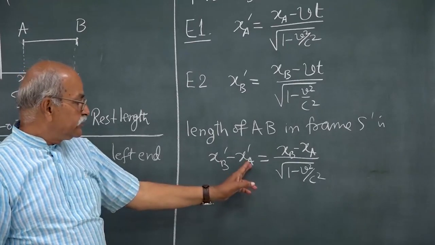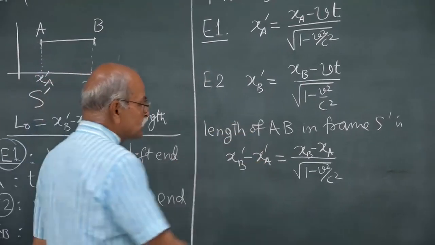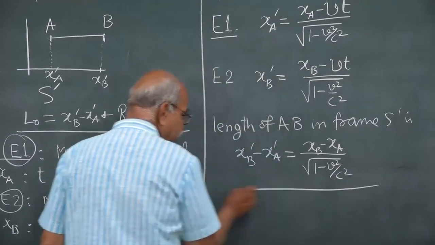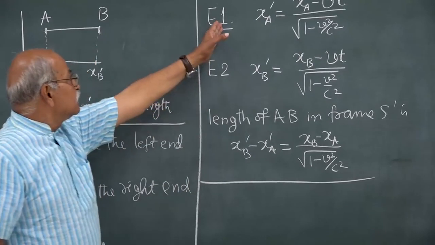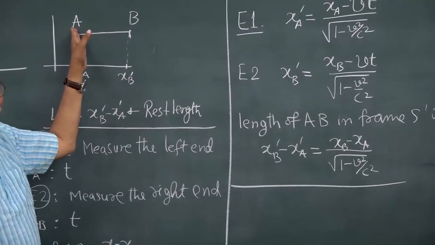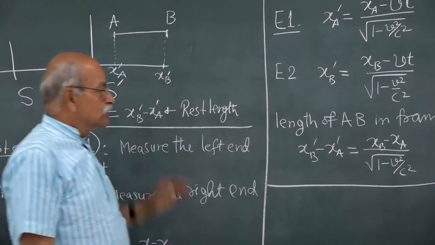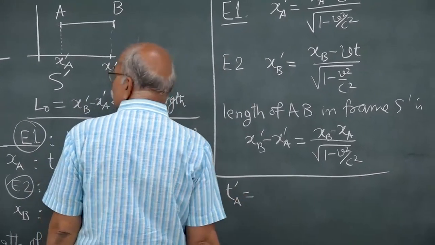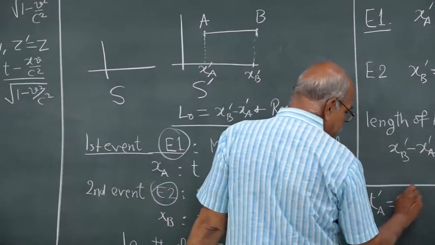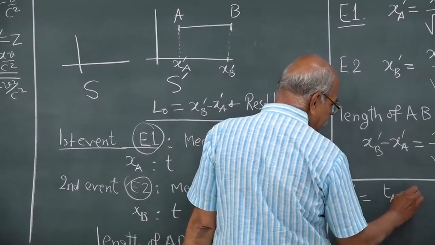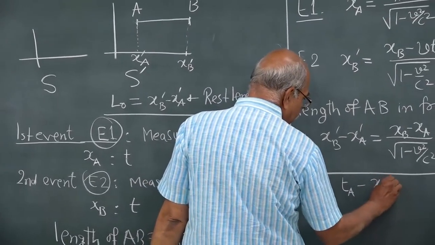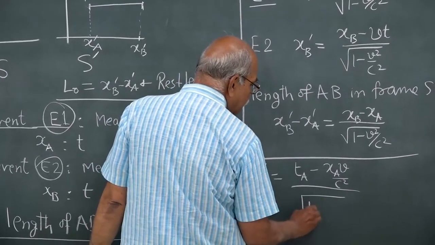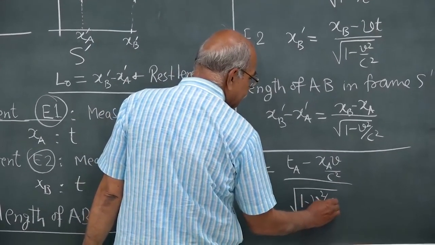Why is this a length? Let us look at the time also. Let us do the transformation equation for time also. For the first event, the left end was measured. When did it happen? So, you can write T A prime. By the Lorentz transformation, this will be T A minus x A v by c square, divided by square root of 1 minus v square by c square.